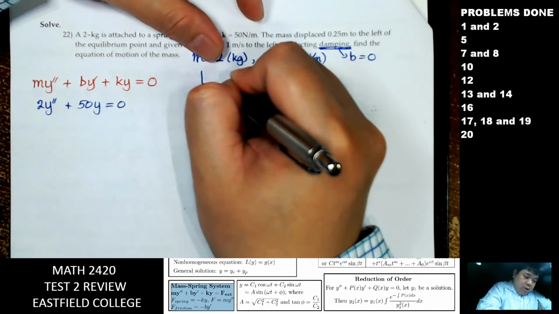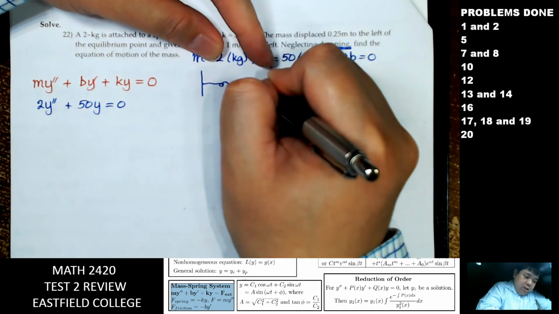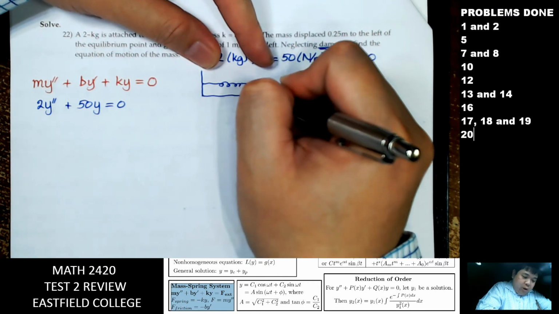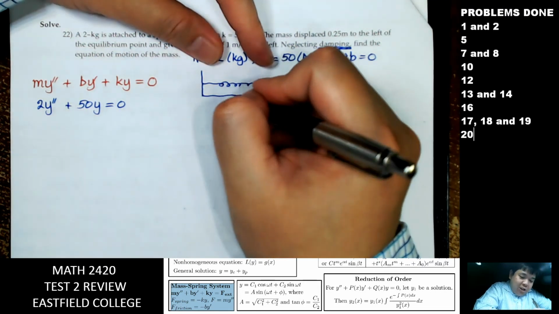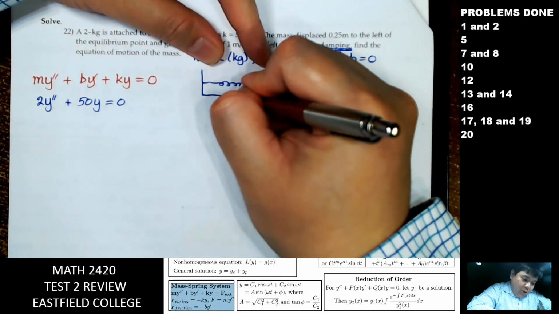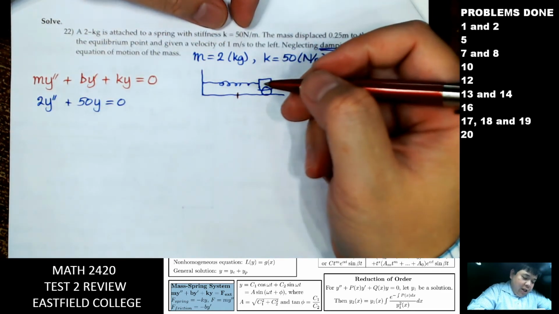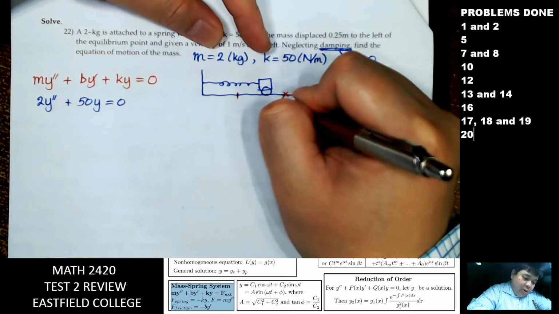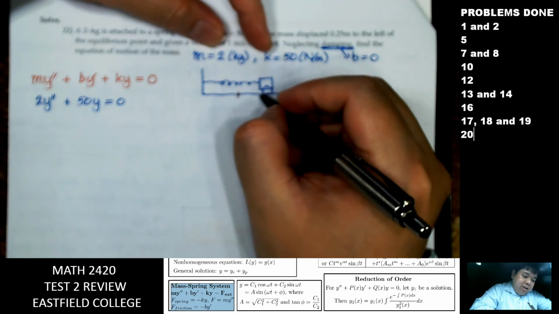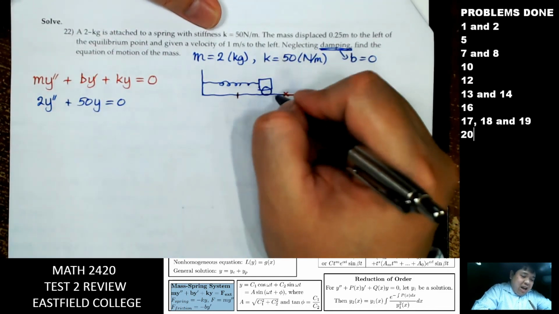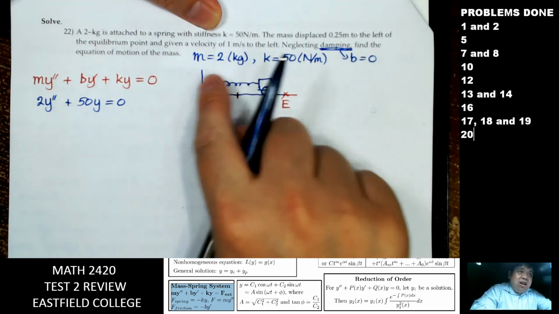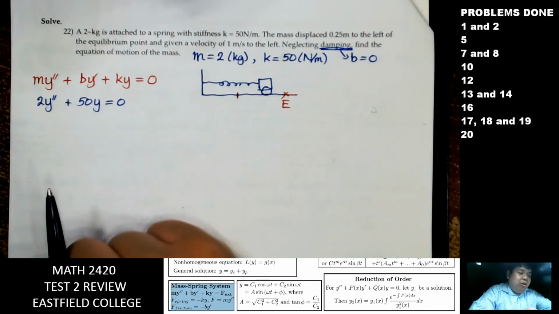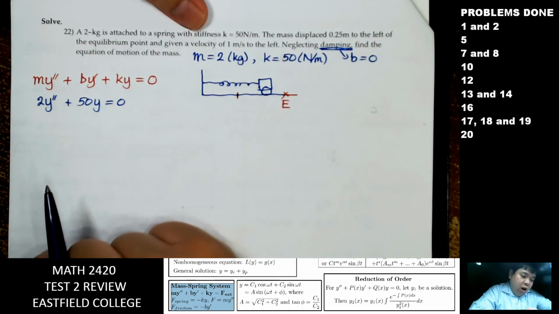So let's see, we have a spring and a mass, and to make it move, let's make a wheel. Initially, sorry, it is to the left of the equilibrium. So let's say equilibrium is right here. It is to the left of it. Let's say anything on the left of this is negative, and anything on the right of this is positive. The same way, if it goes to the left, it is negative velocity, and to the right is positive velocity.